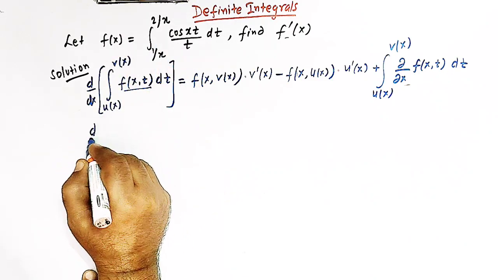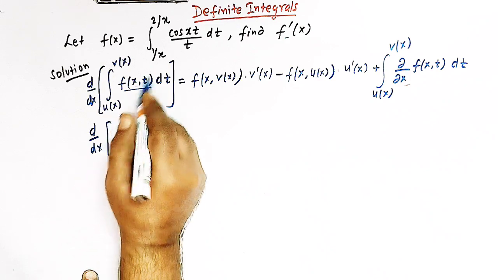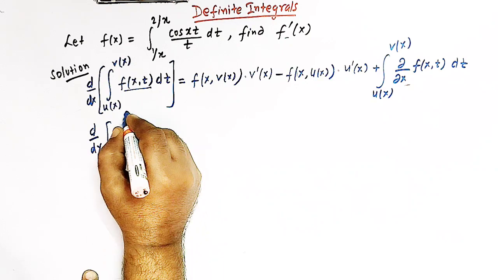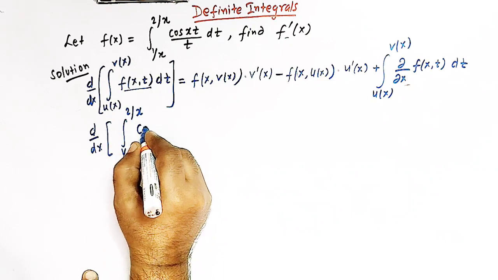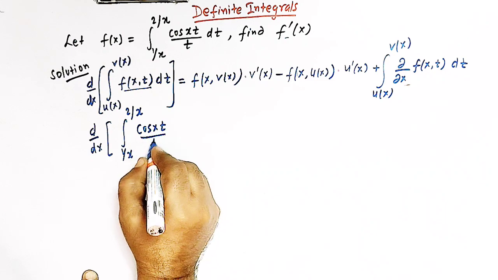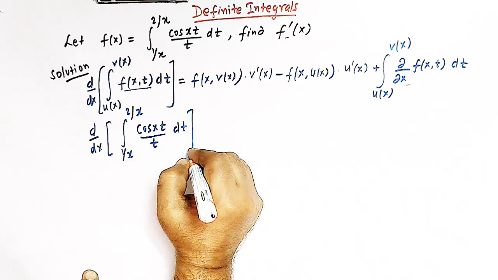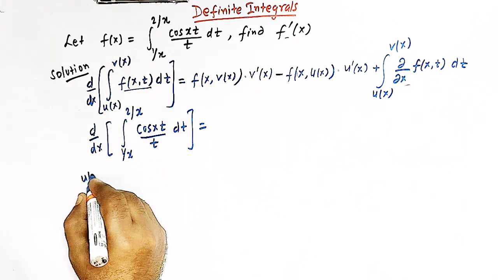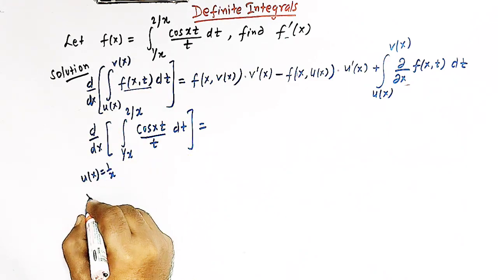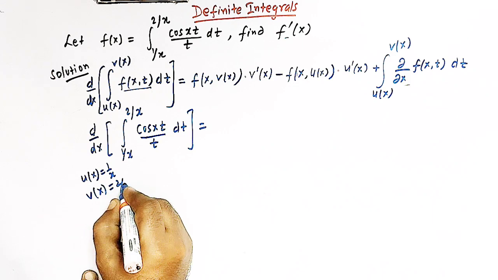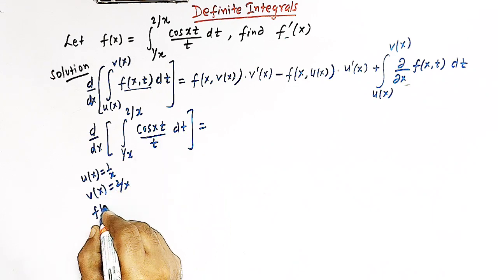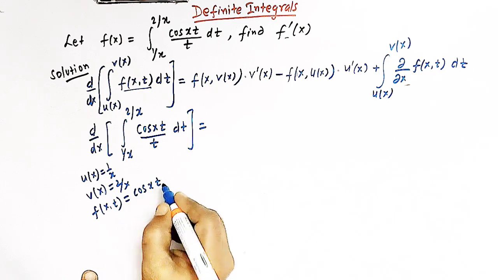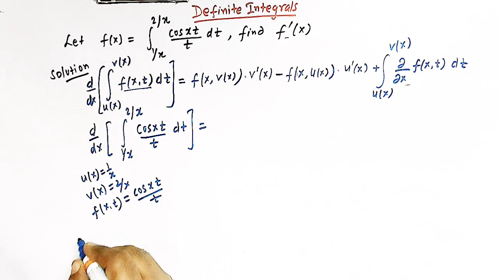So we'll write now d by dx, and for this integral we have 1 over x to 2 over x cosine xt divided by t dt, and if we compare this integral with this one, then u of x is 1 over x, v of x is 2 over x, and f of x comma t is given by cos xt divided by t, right?